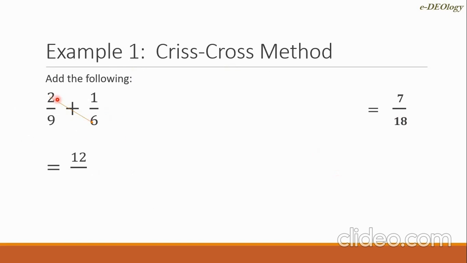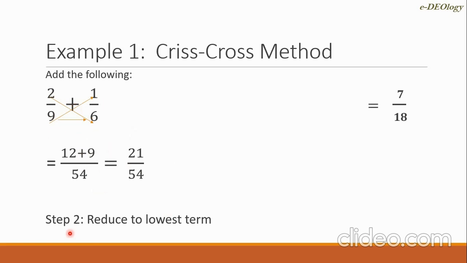So we multiply 2 by 6, becomes 12, plus, then we multiply 9 by 1, becomes 9. Then we multiply 9 by 6, becomes 54. We write in the denominator. And the sum is 21 over 54.